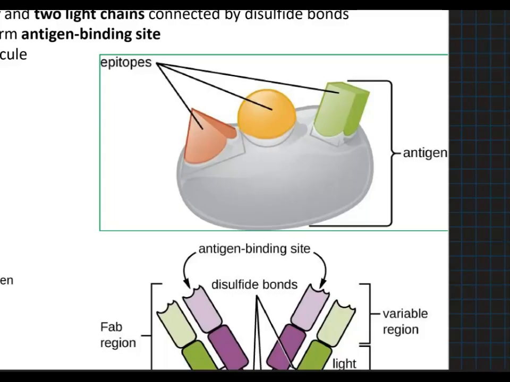Those are not features. Features are, I don't know, curly hair, small nose, long hands, something like that, okay? So those specific features that actually trigger the immune response are called epitopes or antigenic determinants.